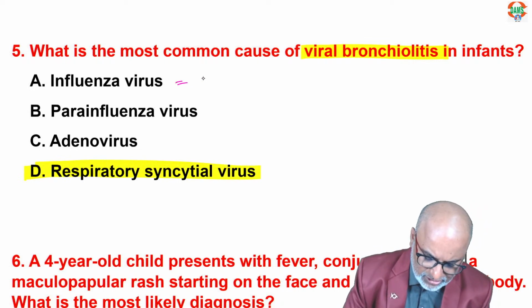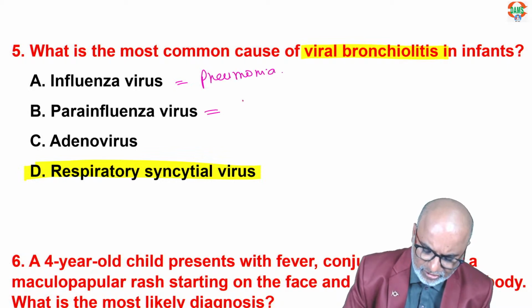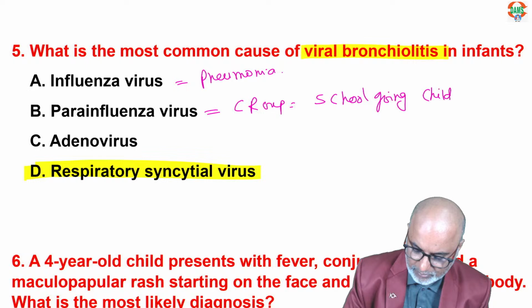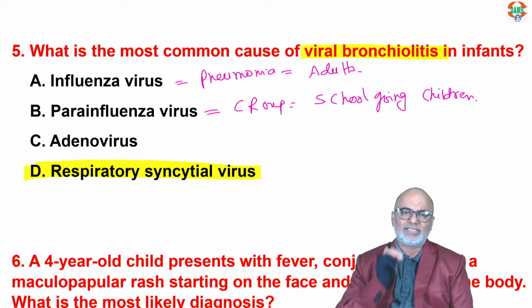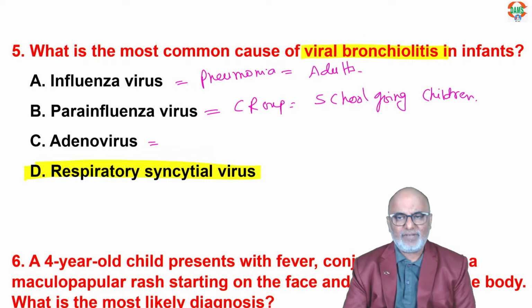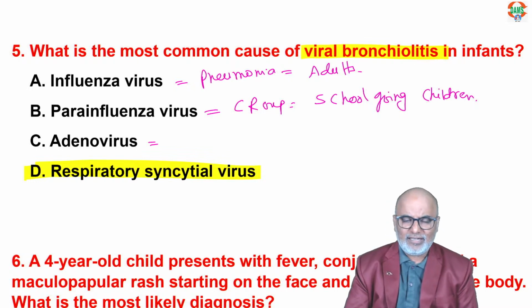Influenza virus causes pneumonia, especially in adults. Parainfluenza virus causes croup in school-going children. Adenovirus causes pharyngoconjunctival fever, especially in adults.